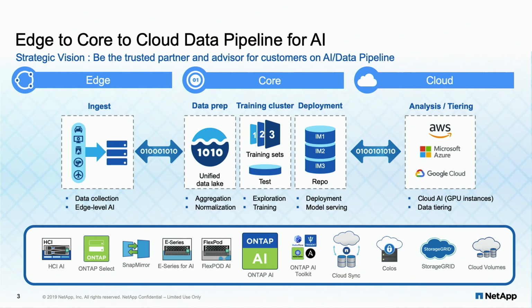And what we see here is that life cycle of data is actually an instance of what NetApp has been working on called the data fabric. Data fabric from a NetApp perspective has been hybrid cloud, and clearly the edge is very much now a part of that fabric. Going from edge to core to cloud is that whole life cycle of data fabric.